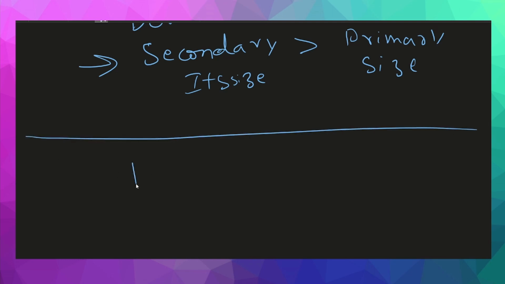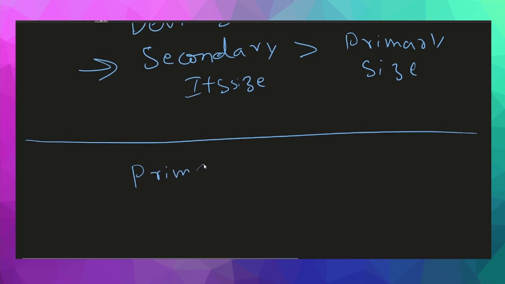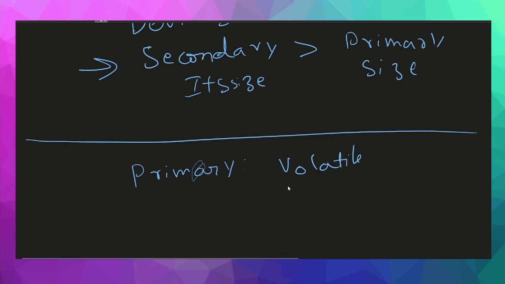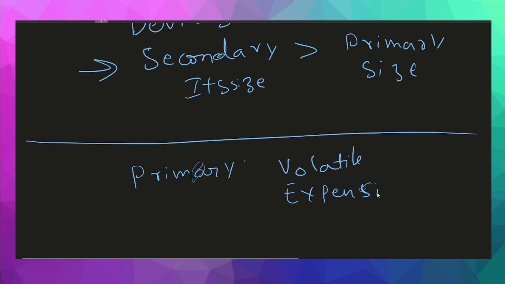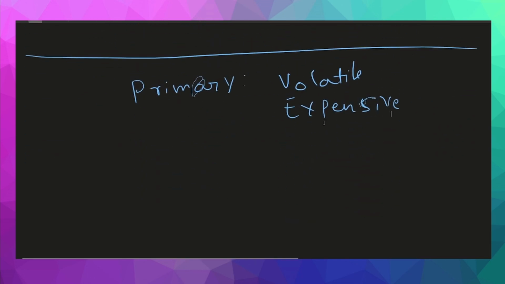Okay, so they'll probably ask for 3 differences. Then you can say primary memory is volatile, it is expensive, actually really expensive. The higher the speed is, the more expensive it becomes.